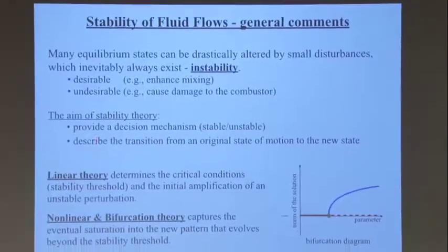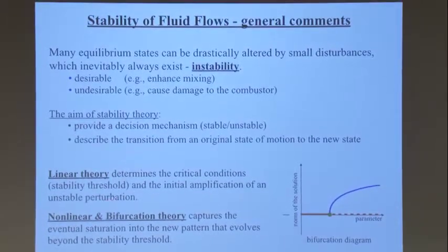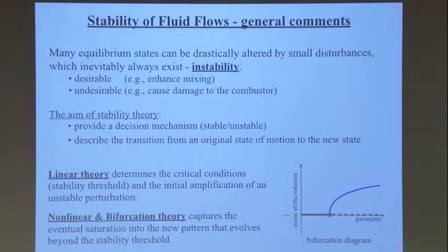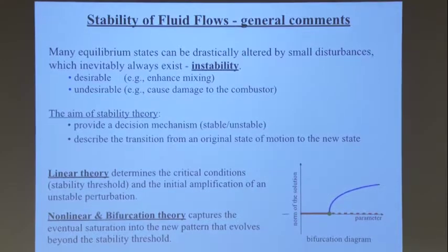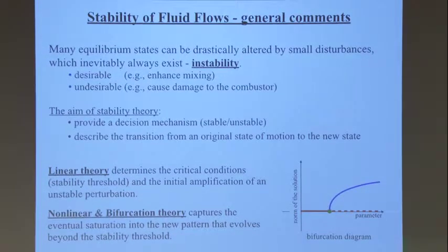The first part is usually determined by a linear theory, in which we introduce small disturbances and linearize the equation. We have a linear system of equations that determines the condition for whether it's stable or not. We're going to see an example for flames. The second part is more difficult because it involves discussing the transition, which involves nonlinear effects. That's usually a nonlinear theory or a bifurcation theory, which is schematically shown here.